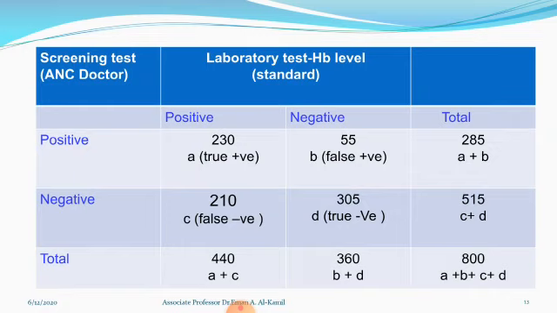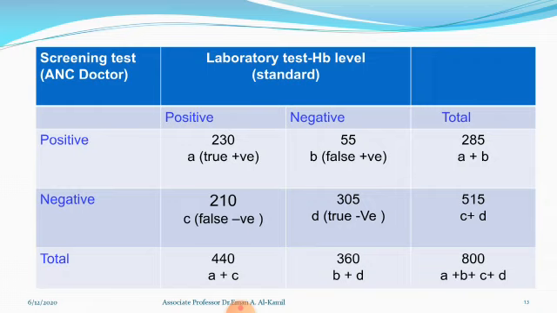According to the hemoglobin level, the positive individuals are 440. So how many individuals have no anemia according to the standard? We construct that as the total, 800 minus 440.